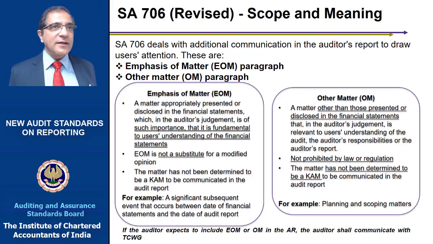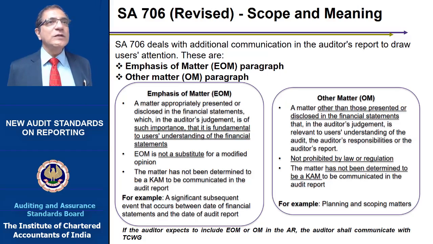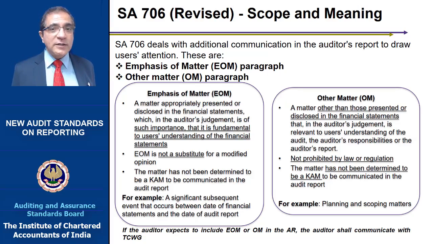The next thing, which is a part of this particular standard, is the other matter. This other matter is something that the auditor would like to bring out in the audit report, but which is not there anywhere in the financial statements, which in the auditor's judgment is important and relevant to the users' understanding of the auditor's report, and also the understanding of the auditor's responsibilities or the audit report.